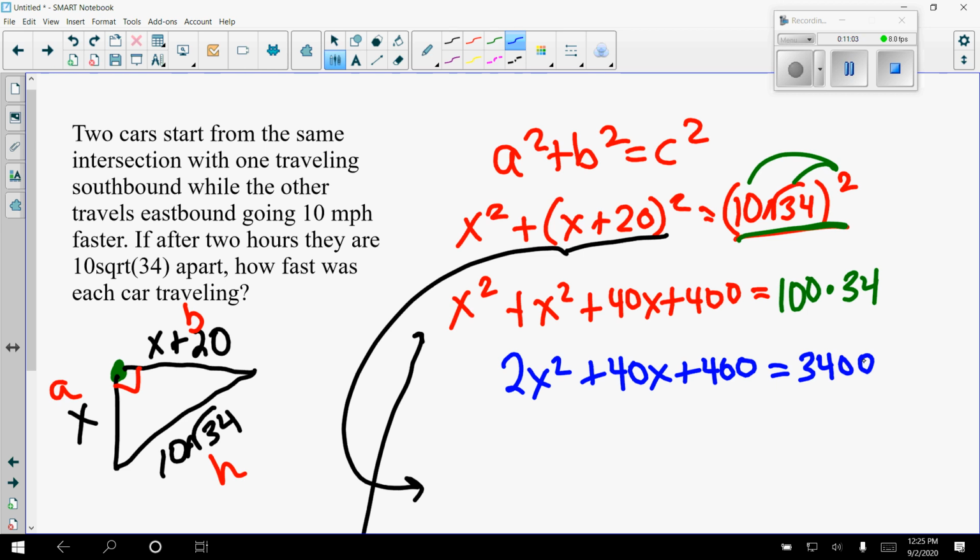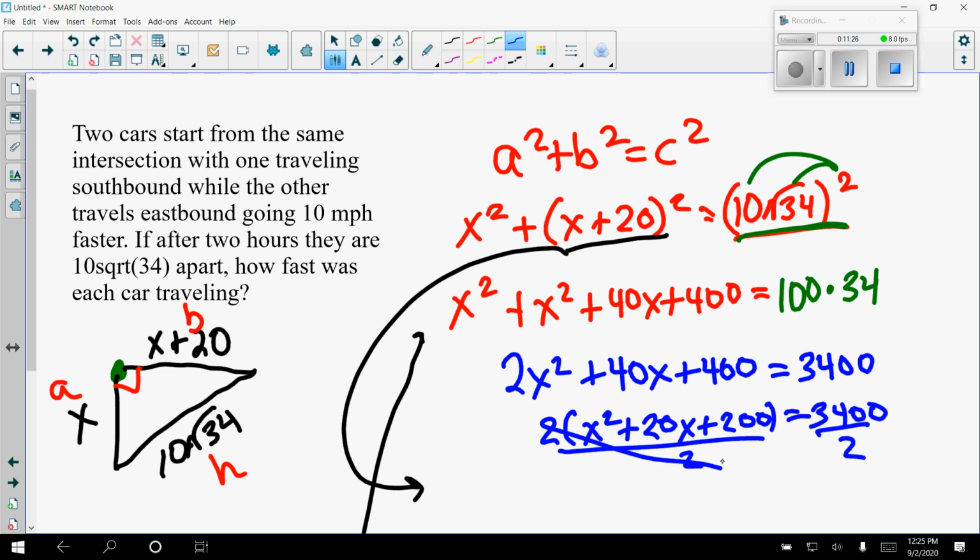This is where it's really going to get to the point where you probably don't remember how to do this, and that's okay. But what I can do is factor out a 2 out of all of these. So I'm just basically dividing them all by 2. And I get this. Now if I divide everything by 2 on both sides, these cancel out. Basically I'm left with x squared plus 20x plus 200 equals 1,700.